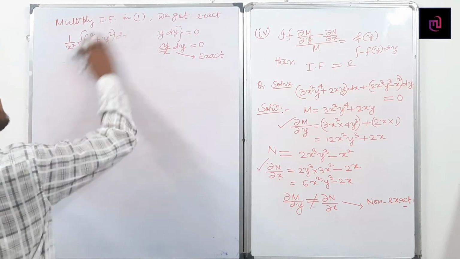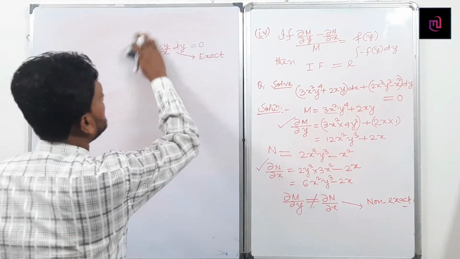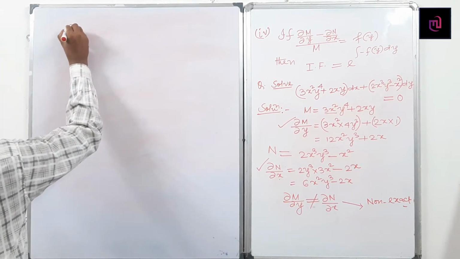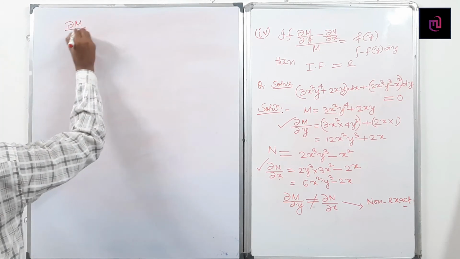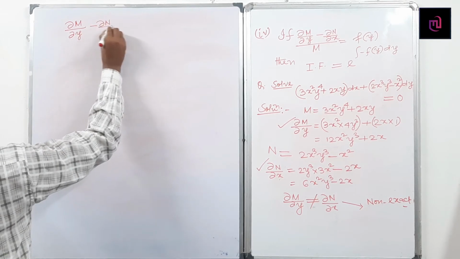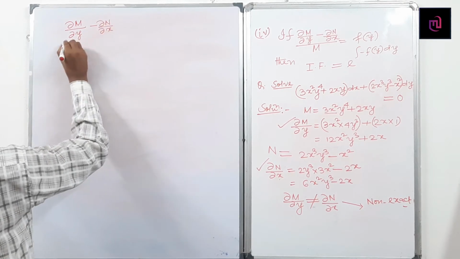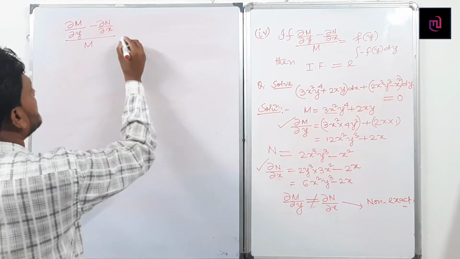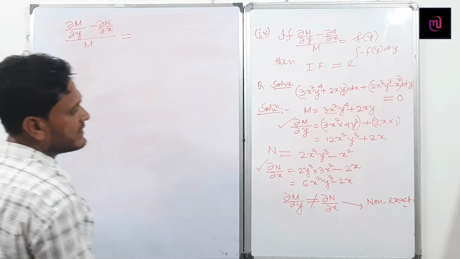How to find the integrating factor in this case? So first of all, we can write del m by del y minus del n by del x, whole divided by m. So what is del m by del y?